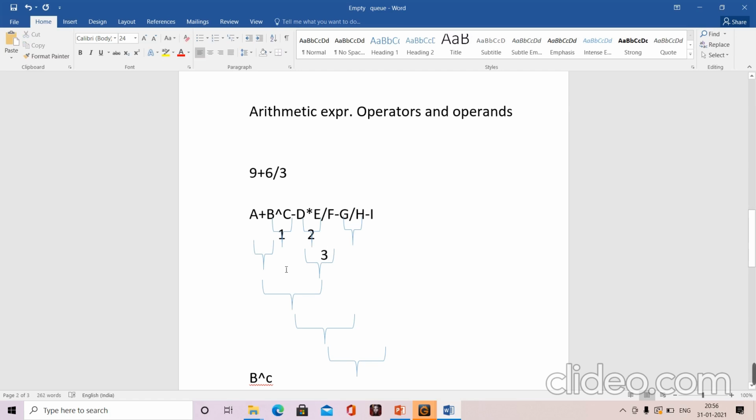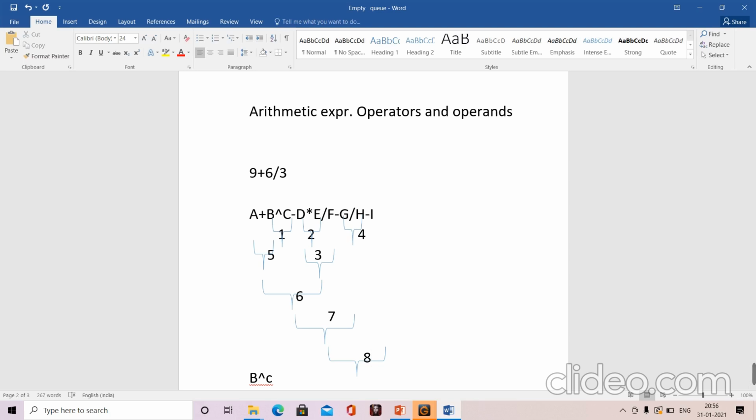This is the third step, and this is your fifth step. This is the fifth step. Sixth step. This is the seventh step. This is the eighth step, and this is your fourth step.